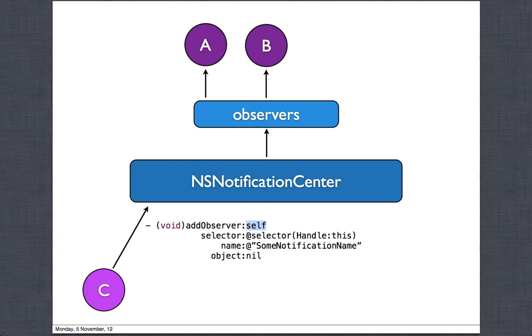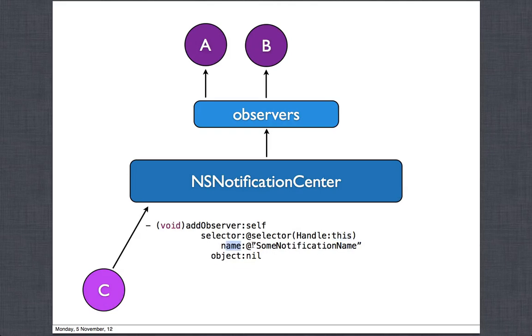And remember, in I think lecture 2 we were talking about useful methods in the NSObject class, and we had the class method instancesRespondToSelector, or the instance method called respondsToSelector. And we could check if a certain object can respond to some selector. We were using the same construct. We were doing selector and then just passing the name of the selector. So here I'm saying, if I get this notification, call this method, call handle, and pass this.